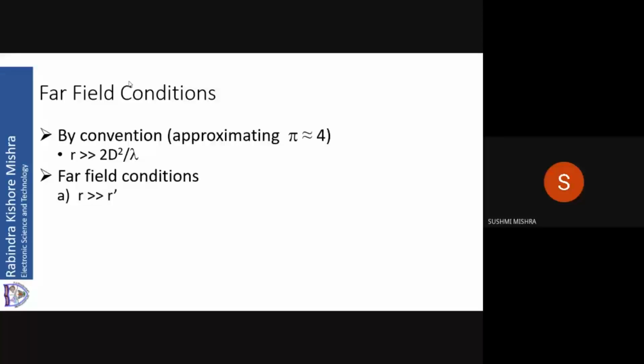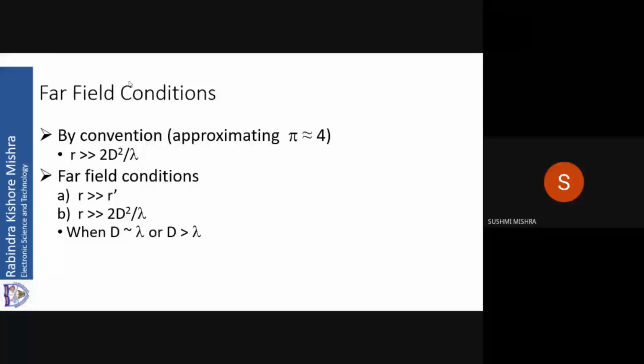This must be satisfied at all times. And the second condition, B, is that little r is much greater than 2D square upon lambda. These are the two conditions to be satisfied for the far field region.